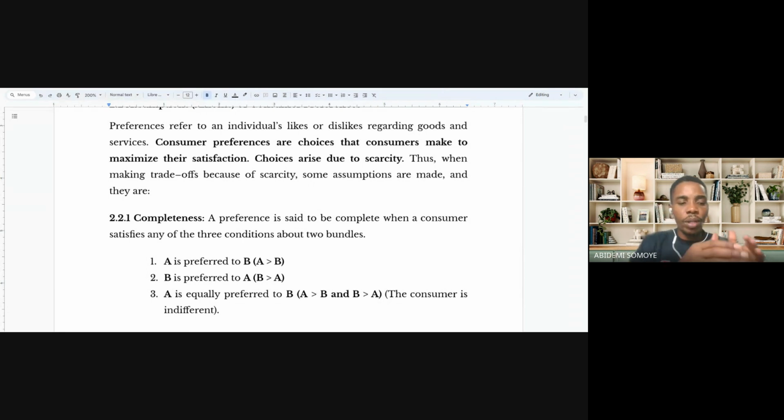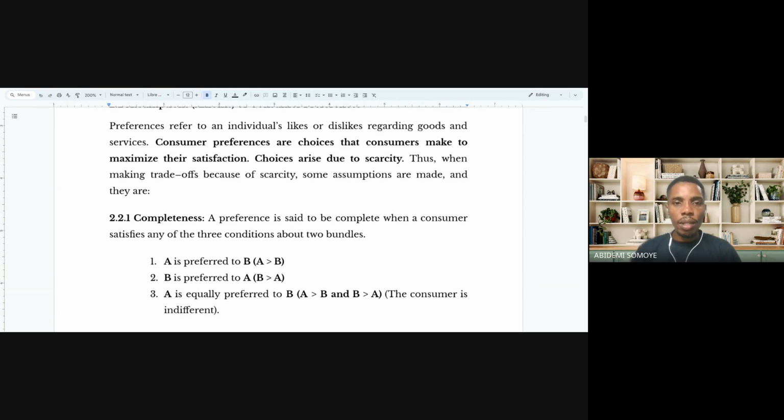Now we're diving straight into the assumptions or axioms of consumer preferences. How do you choose? What are those theories that relate to you choosing one good over another?